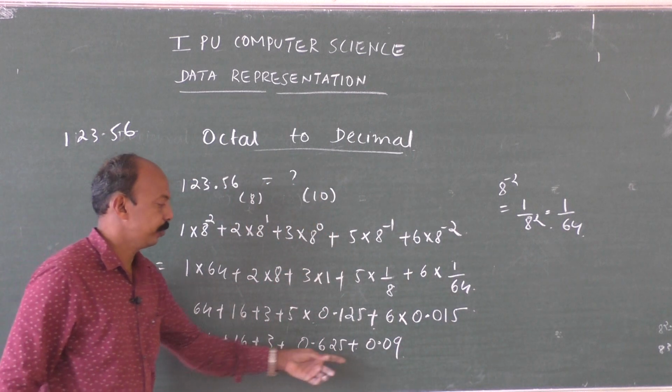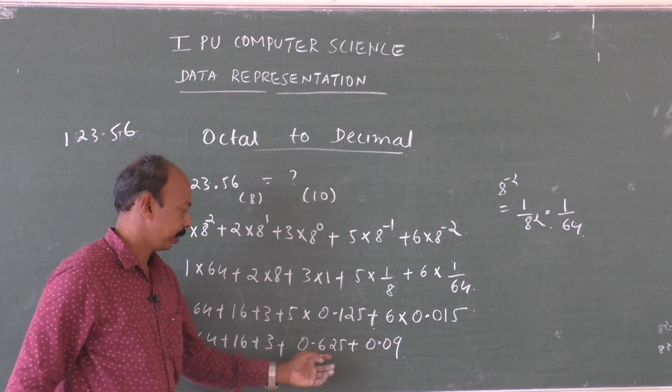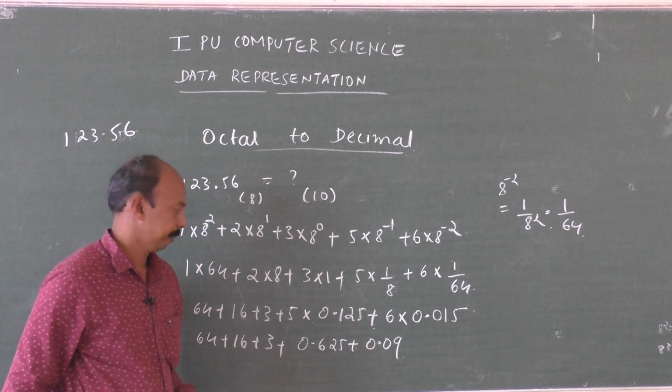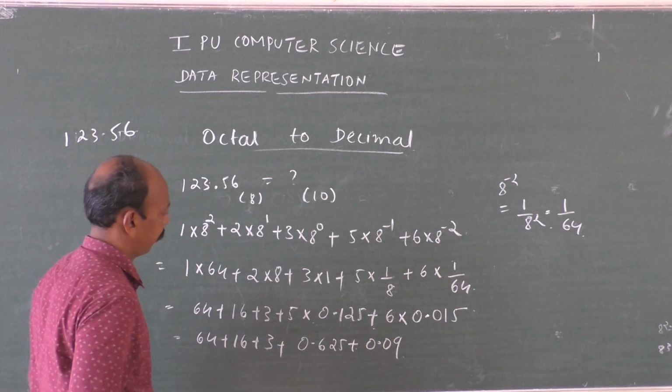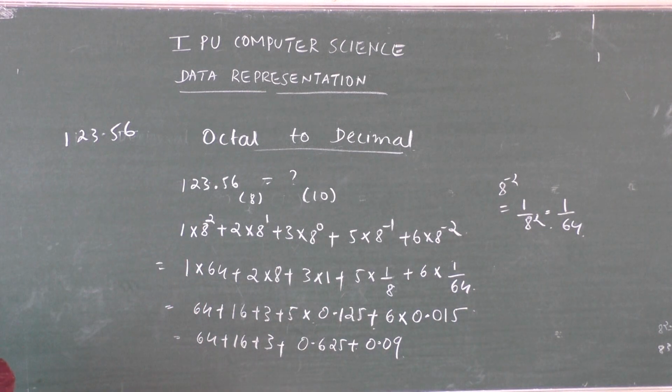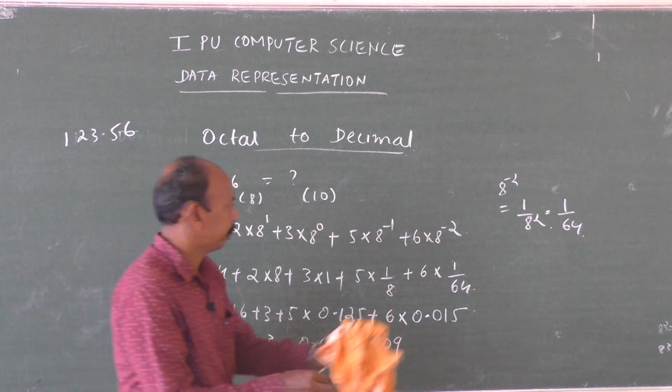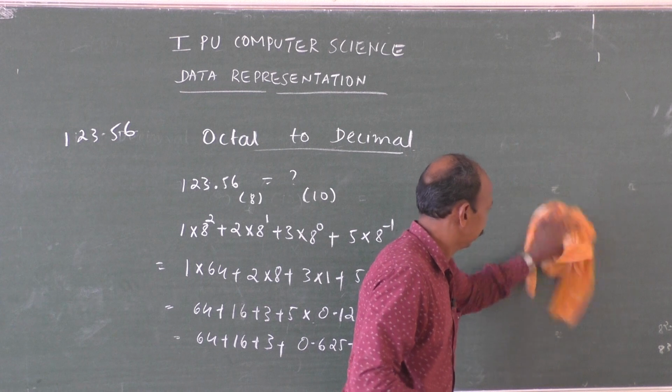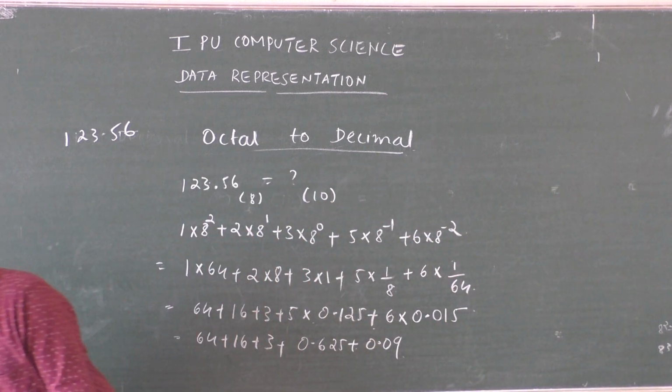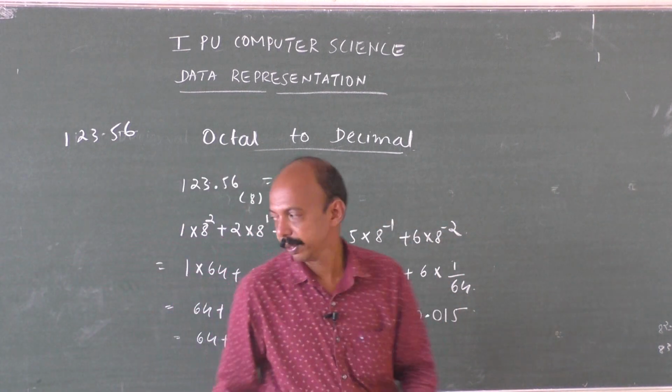It doesn't make much difference in the answer because it is 0 point something. Now add it up. When we add this number, be careful while adding because the fractional part should be added with the fractional part only.